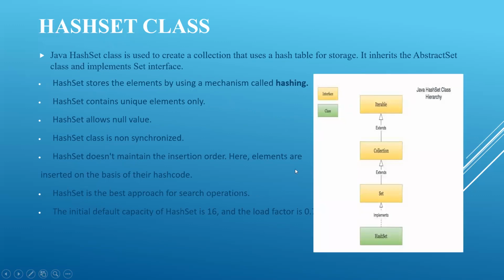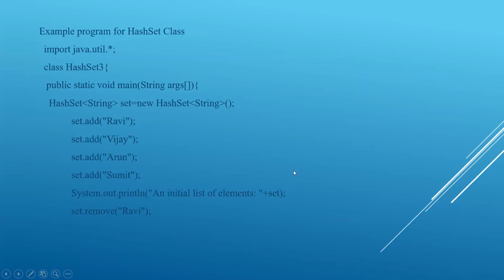Okay, so we will go with one example program of this hash set class. So here is the hash set class, creating an object for the hash set class, that is set here. Again, similarly, we have a method called add, which is used to add all the elements into the set. And one thing we should remember here is the elements are not stored in the insertion order. Okay. And then we have the set remove method.